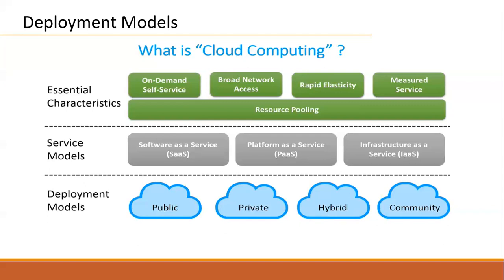Hybrid clouds: some resources are in the public cloud data center, and some resources are in the private cloud, the local data center. This combination we call a hybrid cloud. Hybrid cloud means what? Let's say some front end part is developed with PHP, for example.